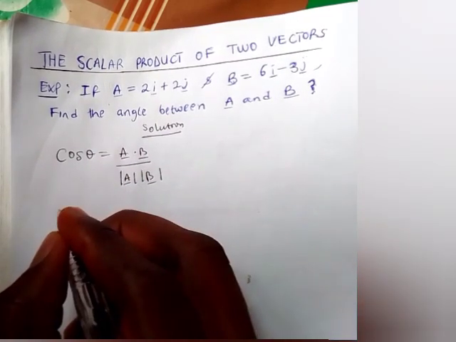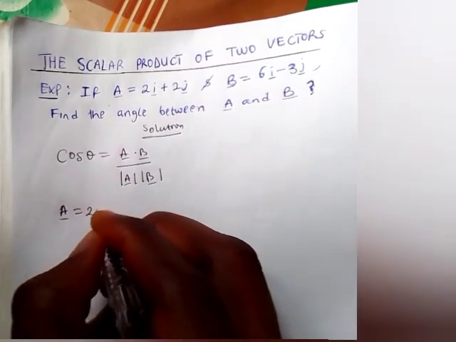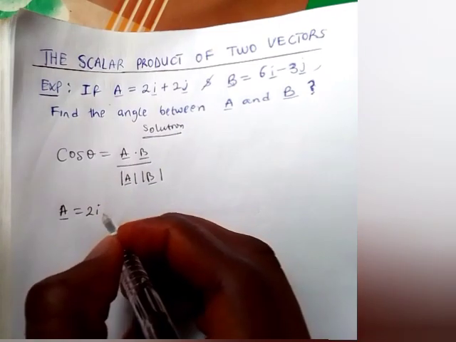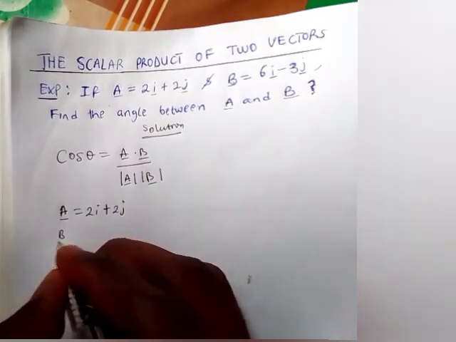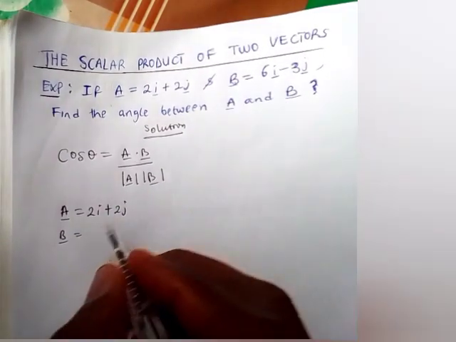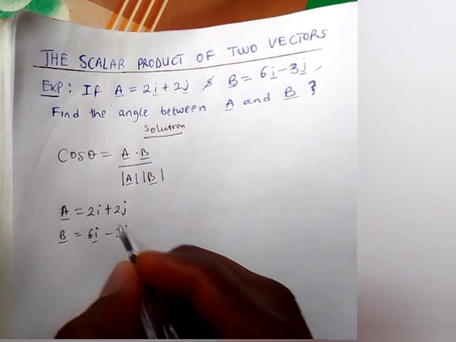Now we have vector A to be 2i plus 2j and vector B to be 6i minus 3j.